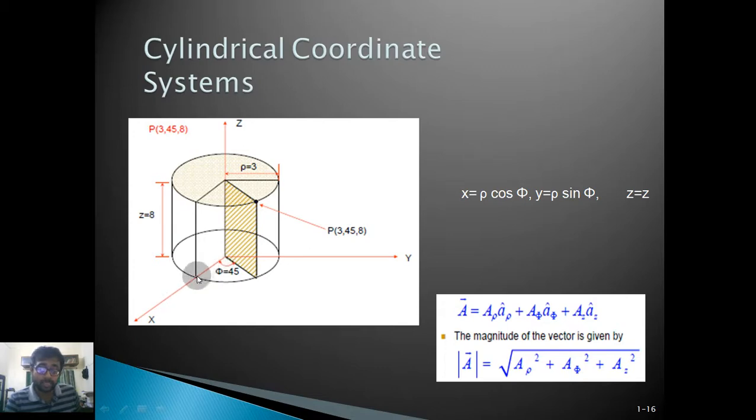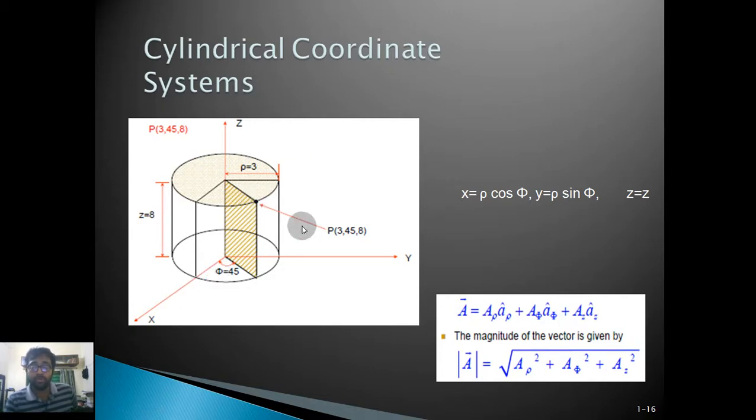The space variable a suffix x and the component cos phi a suffix phi are in the same space. The direction of a suffix x is in this way, but the vector cos phi a suffix phi will be in the opposite direction. The space will be the same, but the direction is opposite.